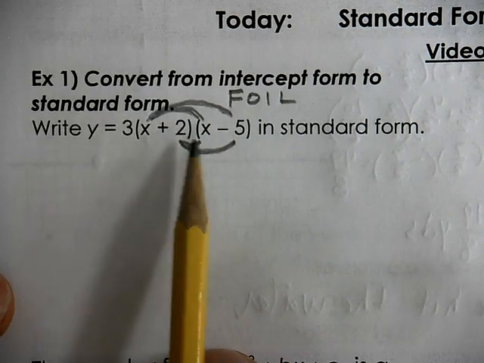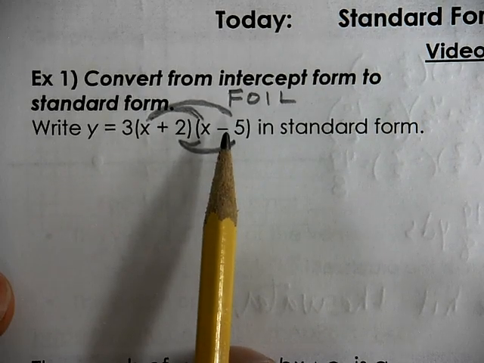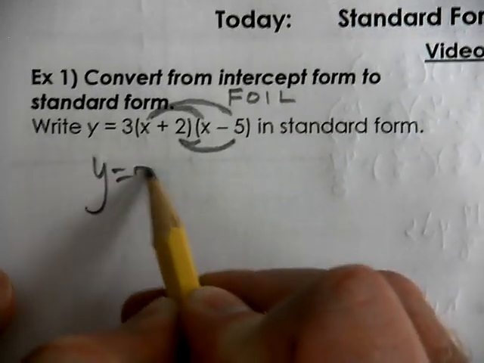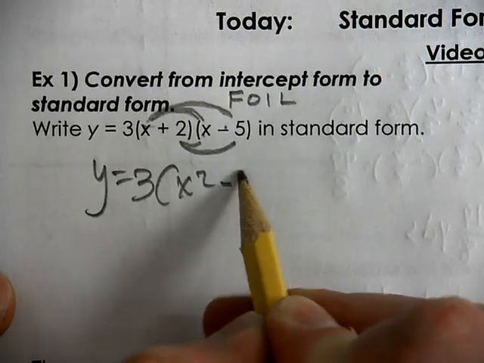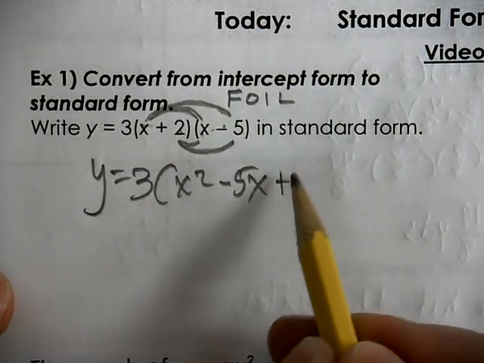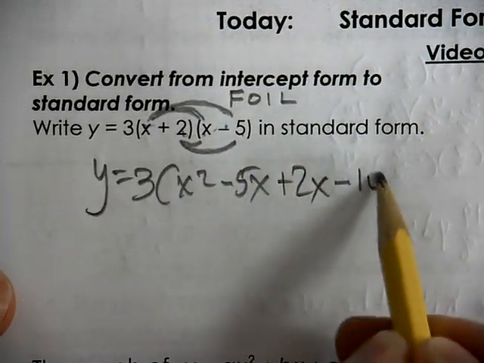You take the 2 and multiply both terms of the other parenthesis. It would be like a double distribute. We would get x times x is x squared. X times negative 5 is negative 5x. 2 times x is positive 2x. And 2 times negative 5 is negative 10.